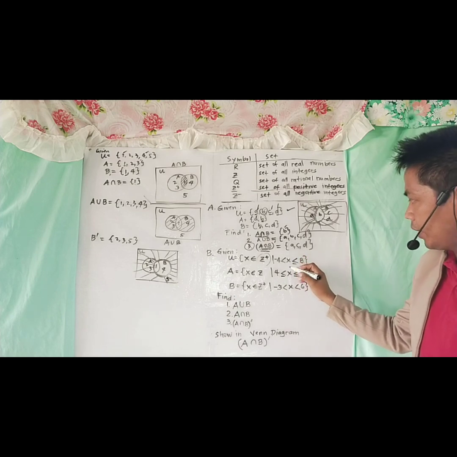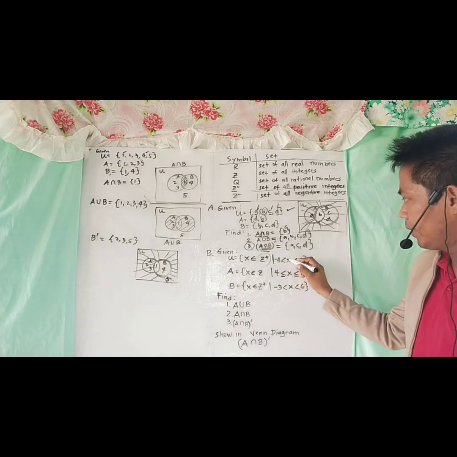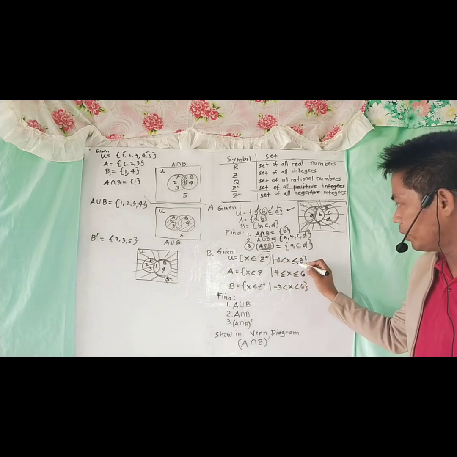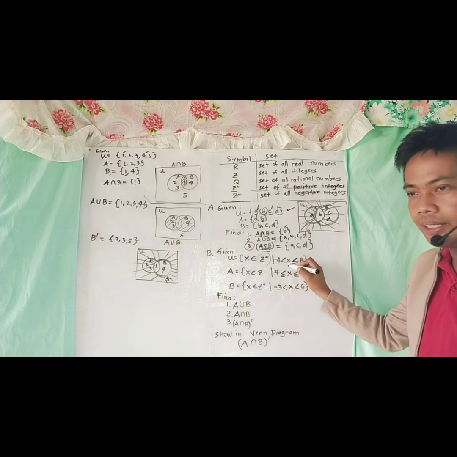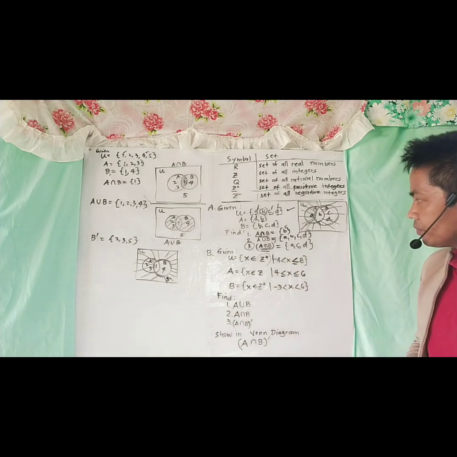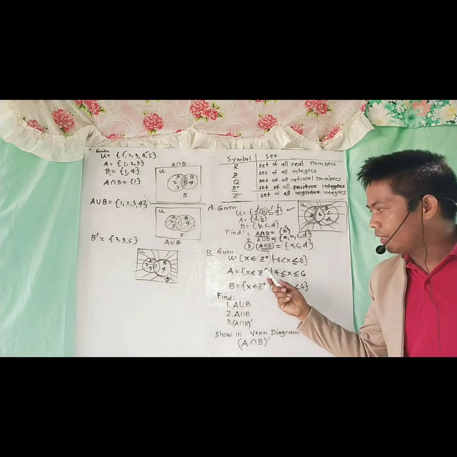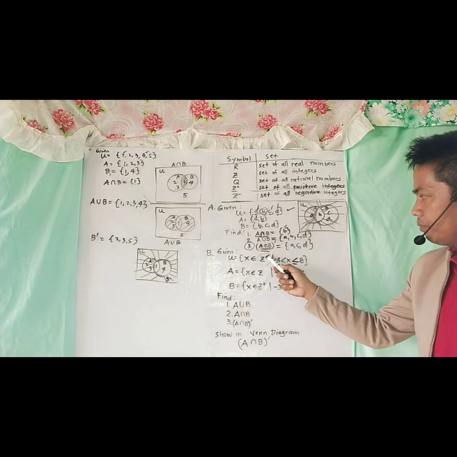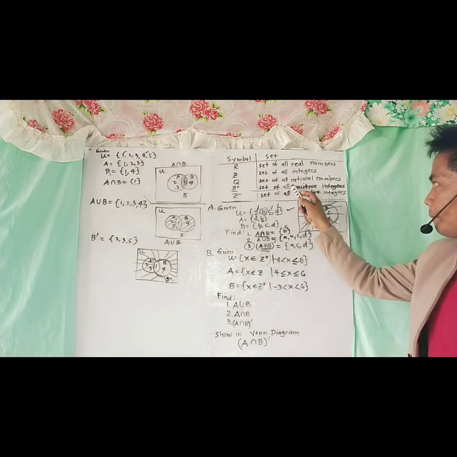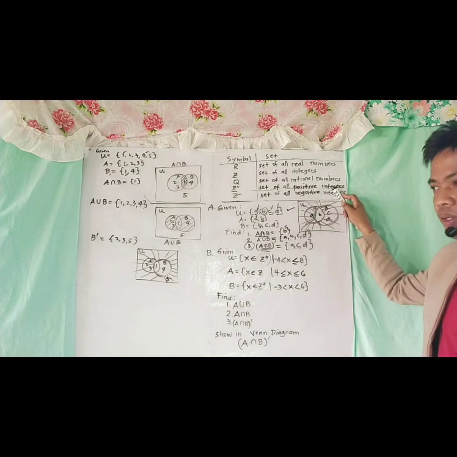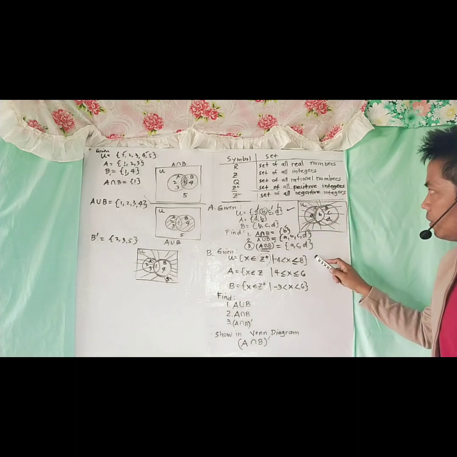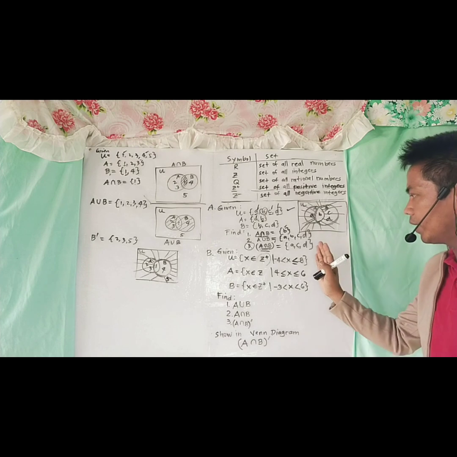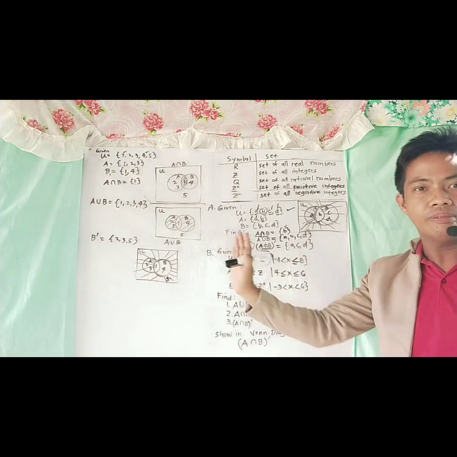x is less than or equal to 8 but more than -4. Based on the given, the set is now positive integers. Therefore, in this set, we're going to disregard 0 and negative integers.